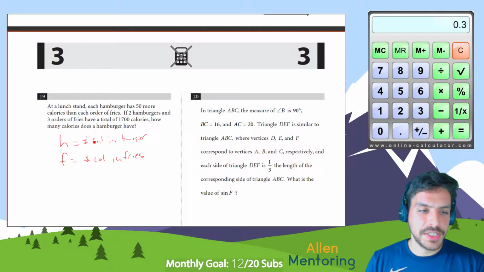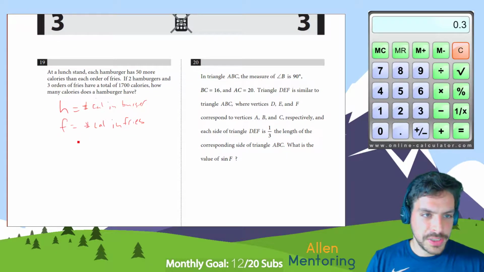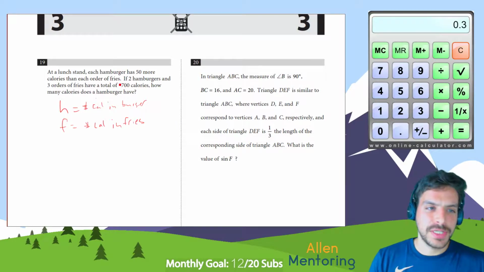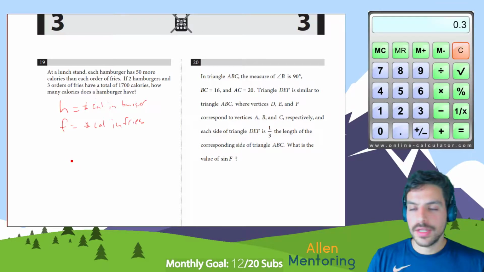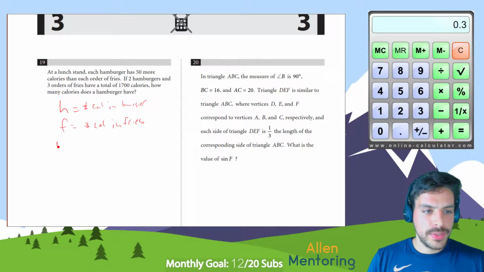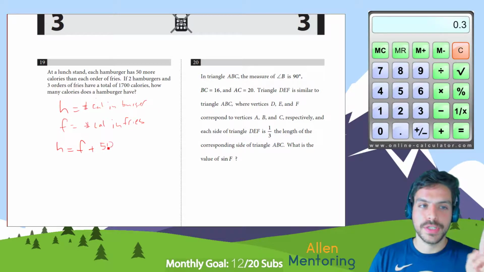And so we have 2 equations here. Okay, the first equation relates how many calories they have compared to each other. So it says that each hamburger has 50 more calories than each order of fries. So we know that H is equal to however many calories F has plus 50. Okay, we know that. So that's our first equation.